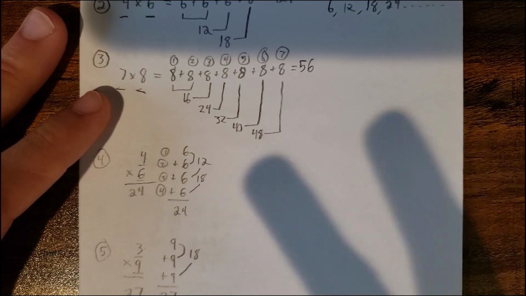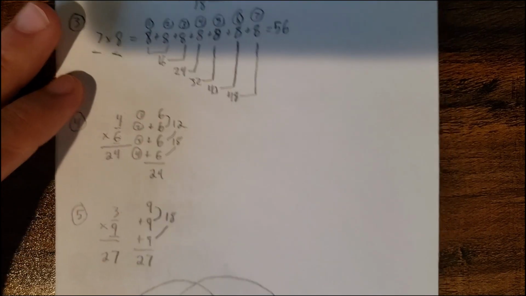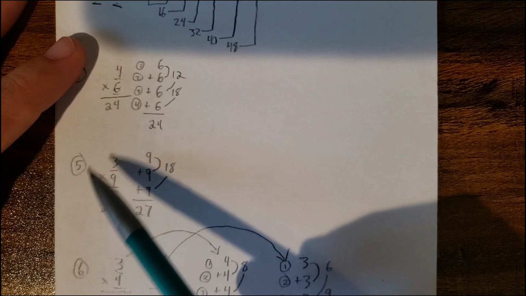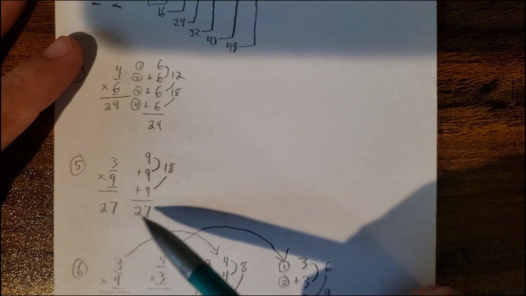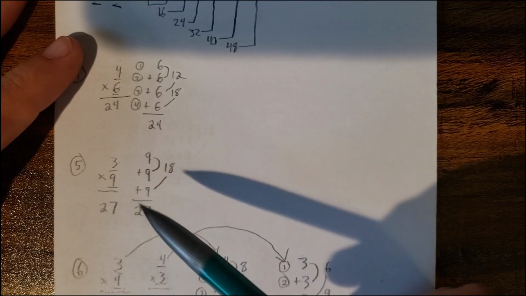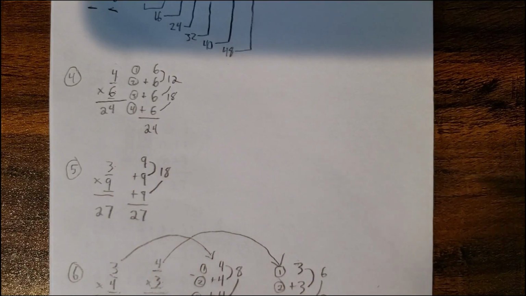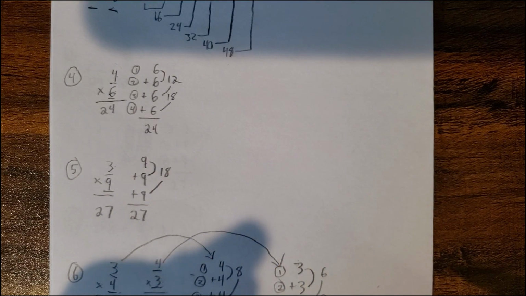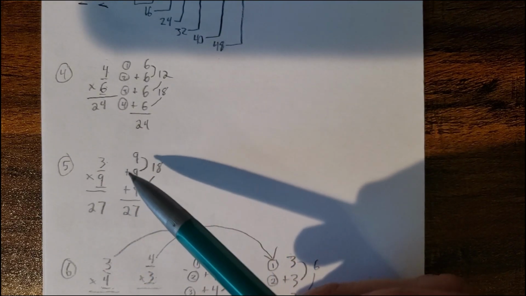You can have those numbers any way that you want, whichever way is easier, which is kind of why I chose to do 3 times 9 instead of 9 times 3. I only had to write out 9 plus 9 plus 9 instead of 3 plus 3 plus 3 plus 3 plus 3 plus 3 plus 3 plus 3 plus 3. A lot easier and a lot shorter to do it this way.